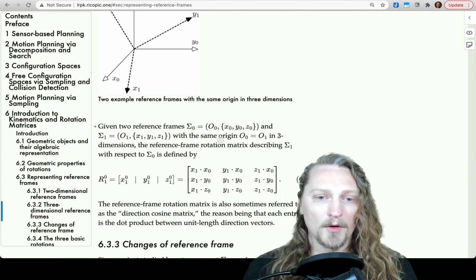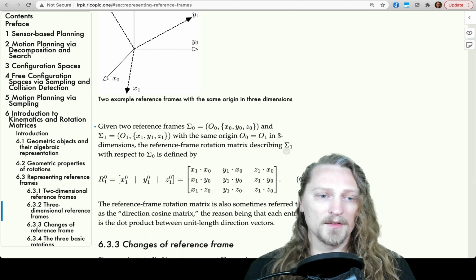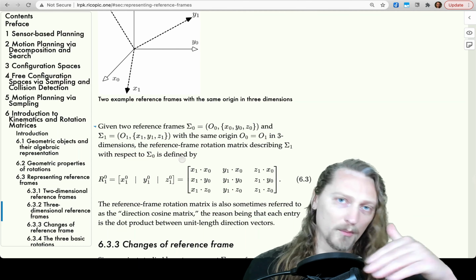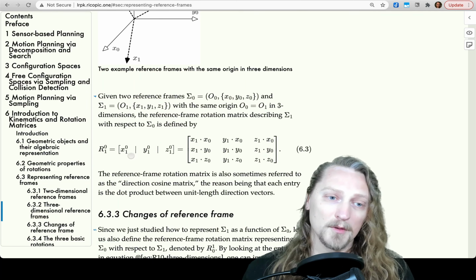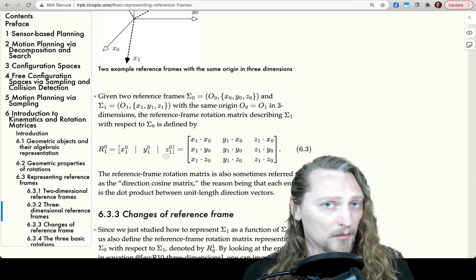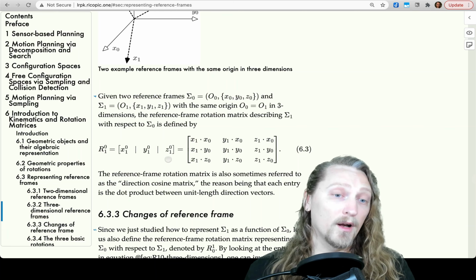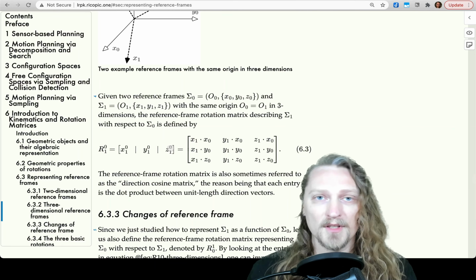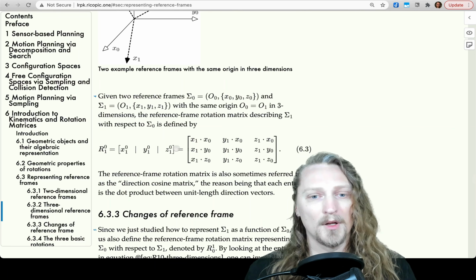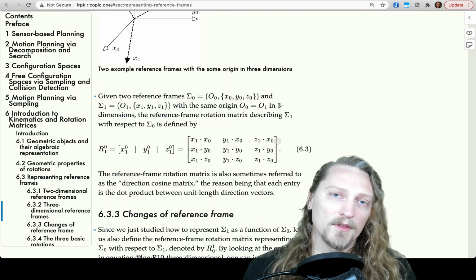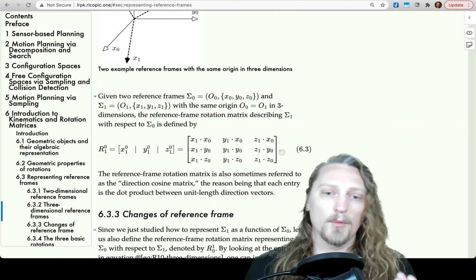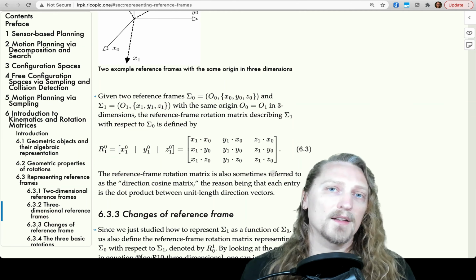The reference frame rotation matrix describing sigma 1 with respect to sigma 0, which is what we did above as well, is the same sort of deal. We're just going to extend it one more column, and we'll write z1 with respect to the sigma 0 reference frame, which is z1 dotted with x0, z1 dotted with y0, and z1 dotted with z0.